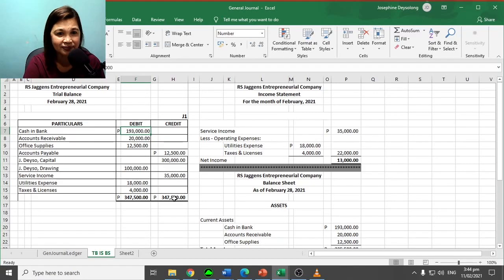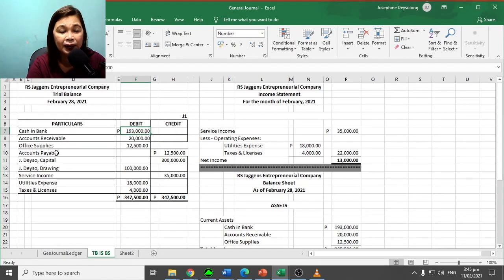Are you with me so far? Now, how do I present the trial balance? As you can see here, the first part here are all assets. Okay? Cash in bank is an asset, accounts receivable is an asset, office supplies is an asset.